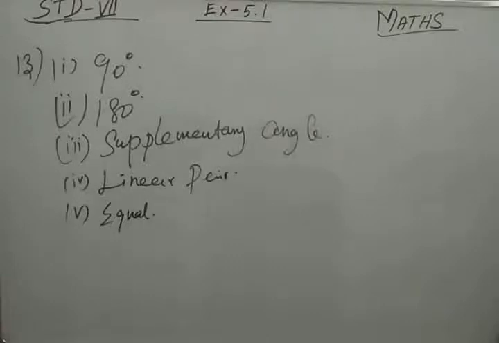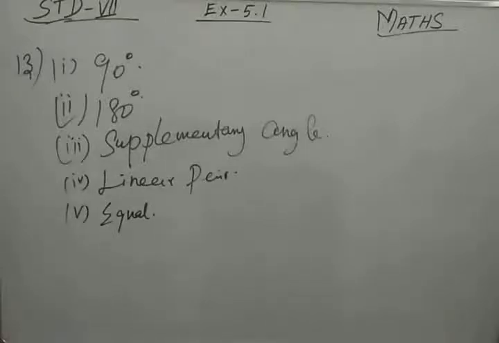Last, the sixth one. If two lines intersect at a point, and if one pair of vertically opposite angles are acute angles, then the other pair of vertically opposite angles are.